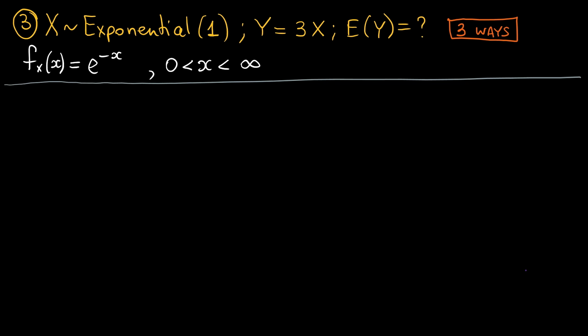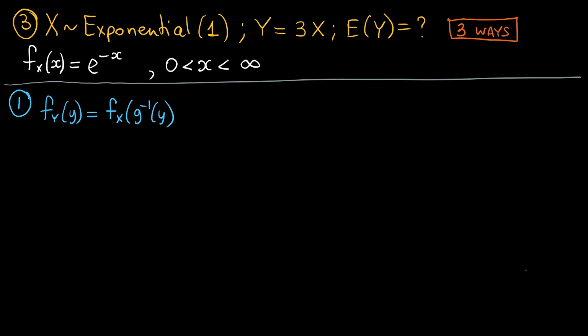Okay, in method 1, we'll need to derive the PDF of y, and we derived the formula for the PDF of a deterministic function of another random variable in the last section. So let's use that. PDF of y evaluated at lowercase y is the PDF of x evaluated at g inverse of y.